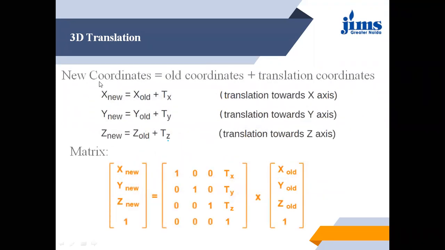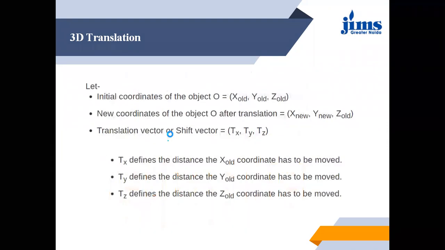So the new coordinates are found by adding the translation coordinates: Tx to the old x, Ty, the translation in the y direction, to y old, and the translation in the z direction to the old z coordinate.